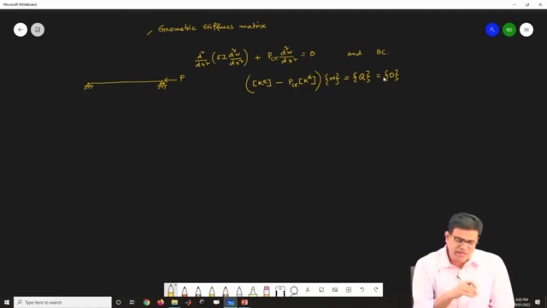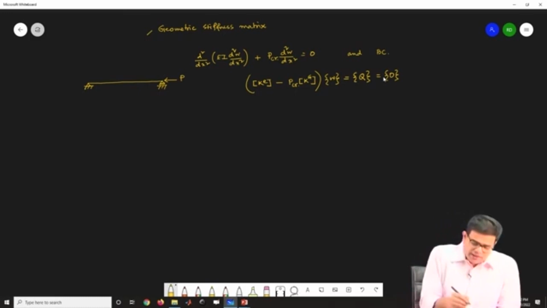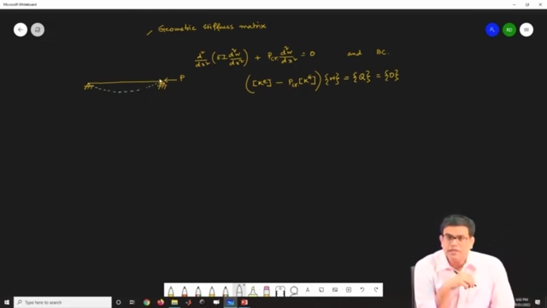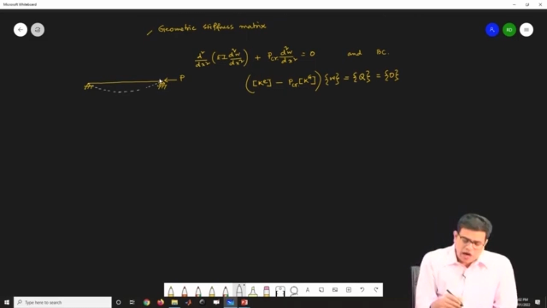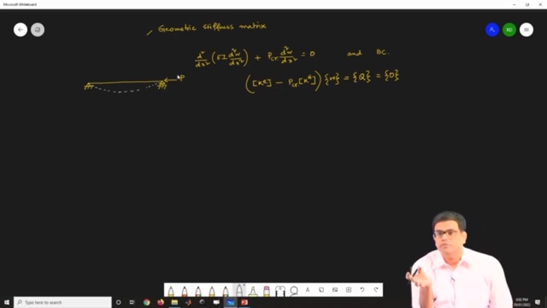Here if this is a simply supported beam, then this beam will actually buckle like this, something like this. If I want to analyze the beam, I can simply do 1 element, 2 element, 3 element, 4 element, likewise.